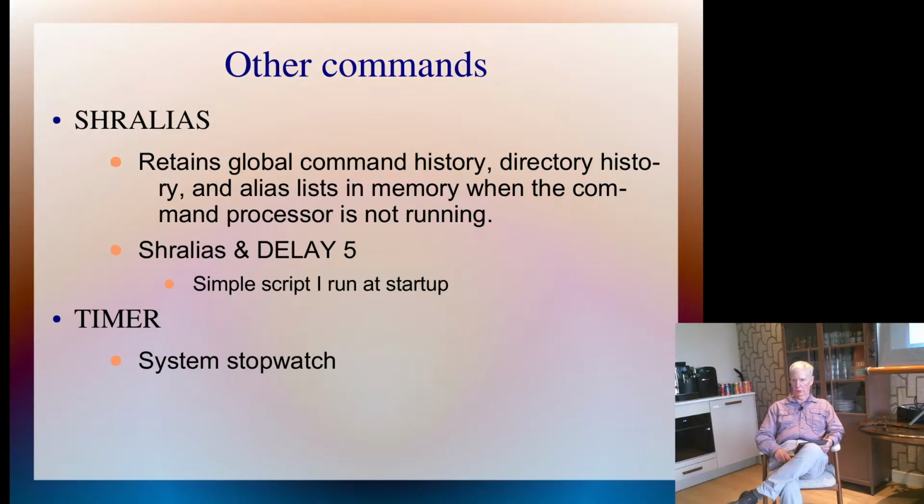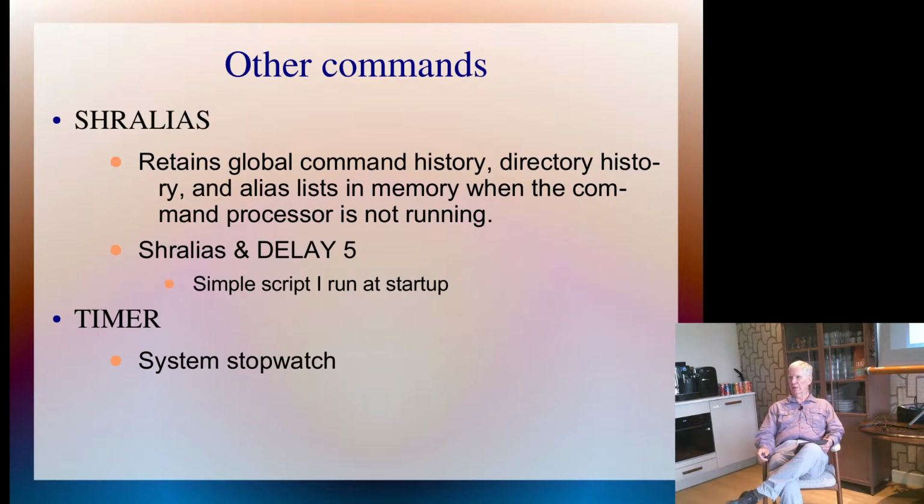You have both global and local aliases. So you have aliases that are specific only to your current session, or you can have a global one, like the list that I was talking about earlier, that would be a global alias list. And share alias is a little program that you run and it terminates and basically it just stays resident.